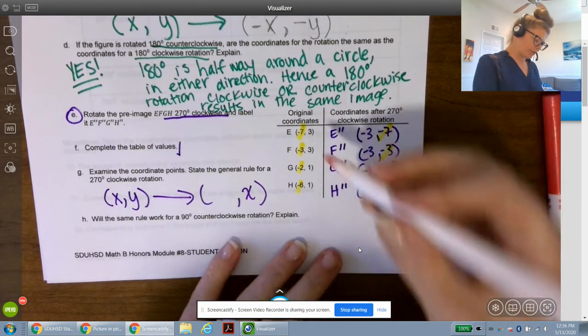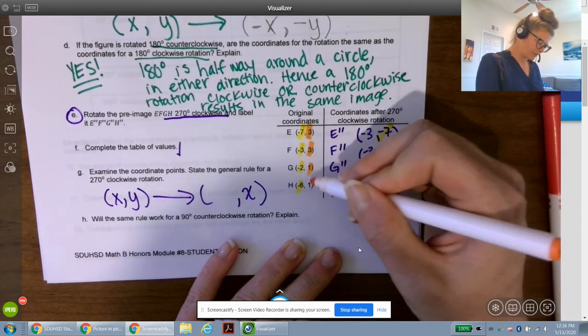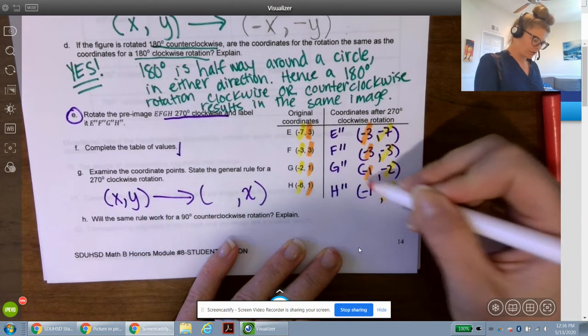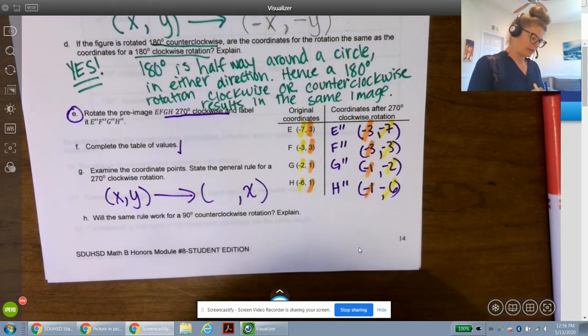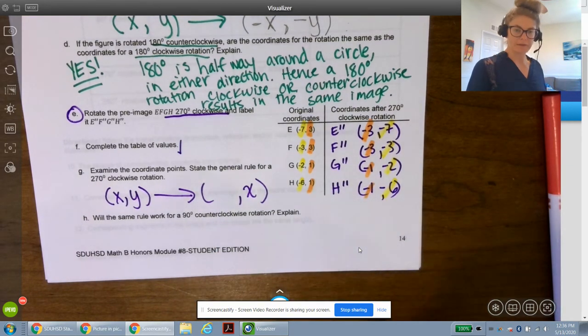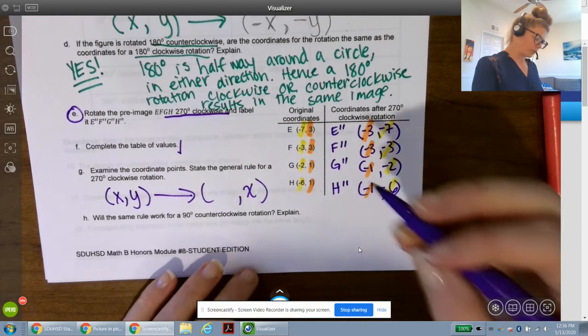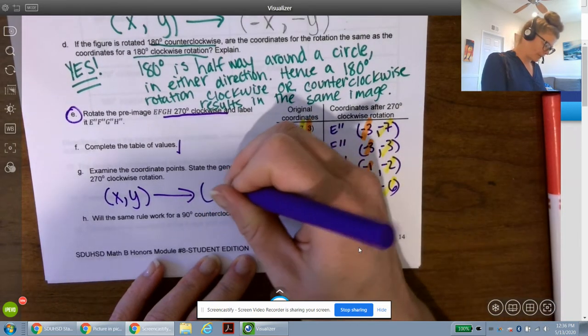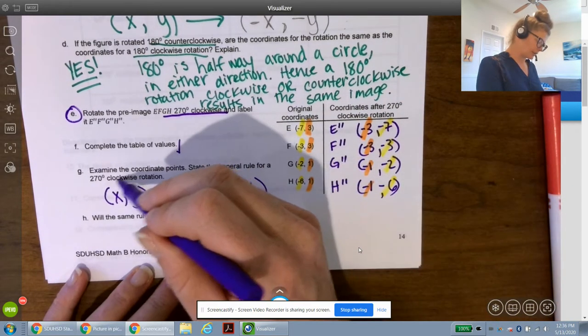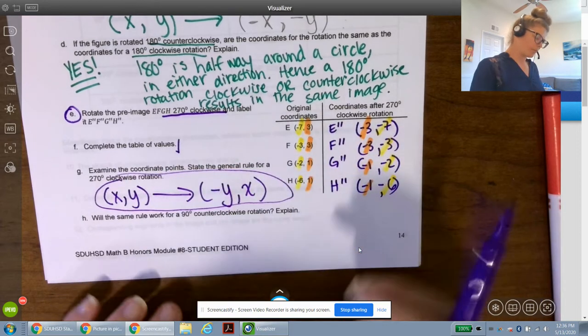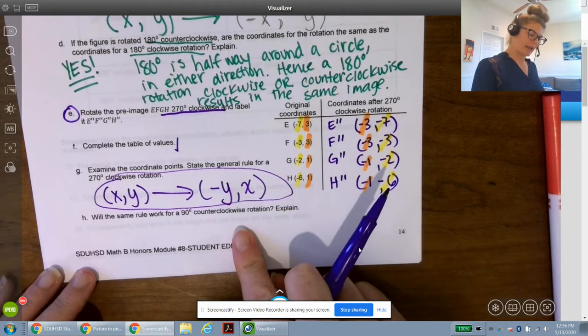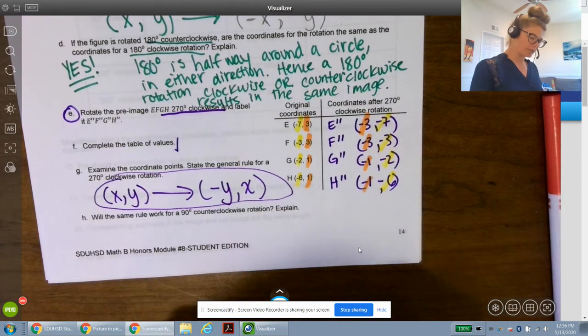And then let's look at our original y values. If you take the opposite of them, they turn into your x values.